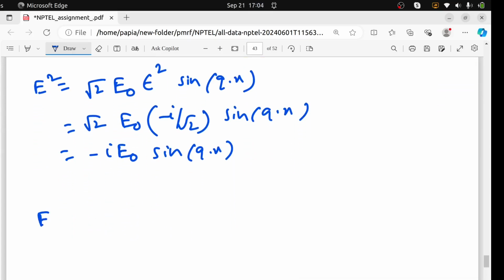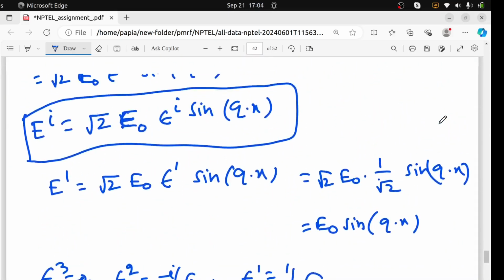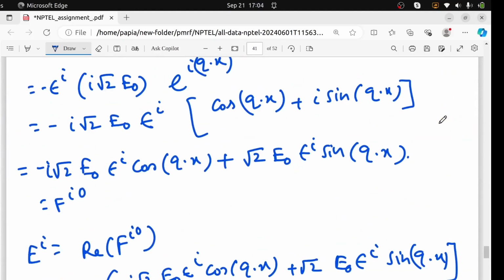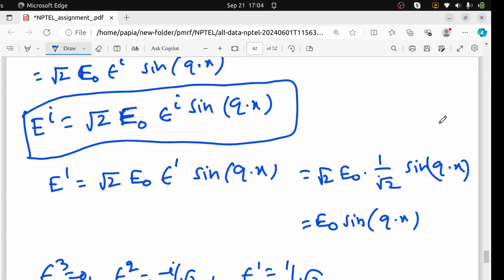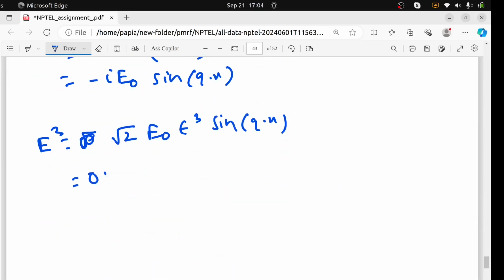And E3 is root 2 E0 epsilon 3 sin q dot x. Epsilon 3 is 0. So if epsilon 3 is 0, that means E3 is 0.